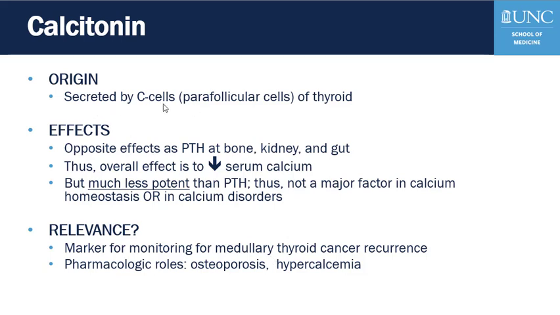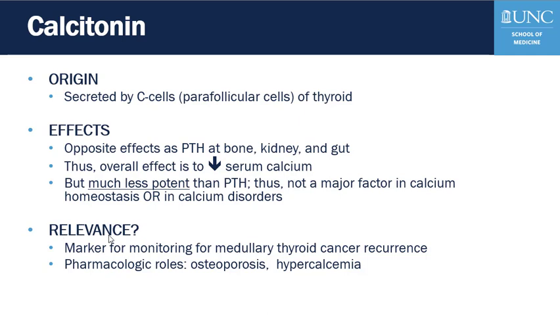Calcitonin is secreted by the C cells, or the parafollicular cells of the thyroid, not the parathyroid, and its effects are in fact the opposite of the effects of PTH at the bone, the kidney, and the intestine. And thus its overall effect is to decrease serum calcium. But it's much less potent than PTH, and so it really isn't a major factor in calcium homeostasis or in most calcium disorders.